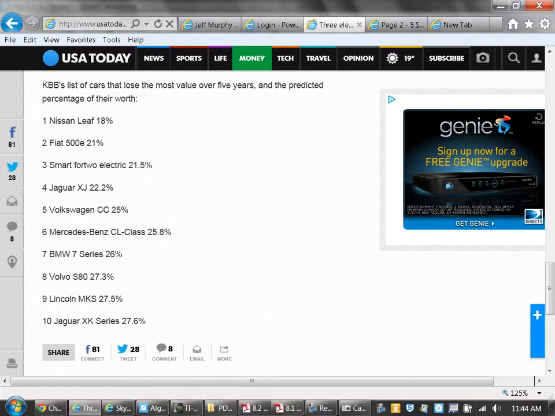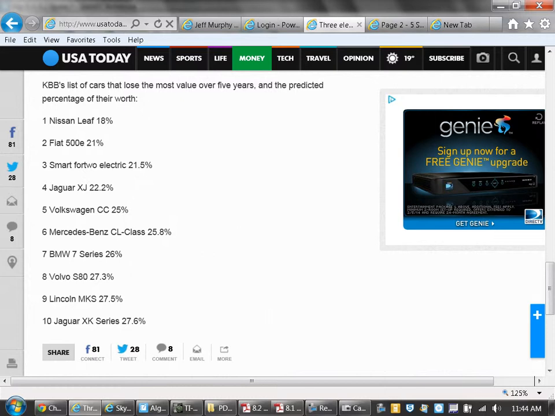And after 5 years, it's only going to be worth 18% of what you paid for it. And the reason why it loses that much value is because those batteries eventually are going to have to be replaced, and they're extremely expensive. That's why nobody's buying electric cars, because no one's come up with a good way of keeping batteries from dying out. You guys all know that. Your phones don't hold charges as long as they used to when you first got them. Right. The battery lives die out.